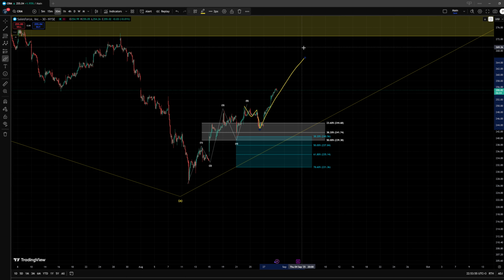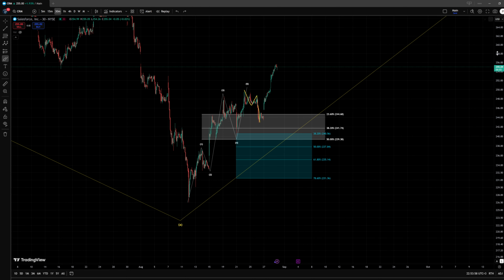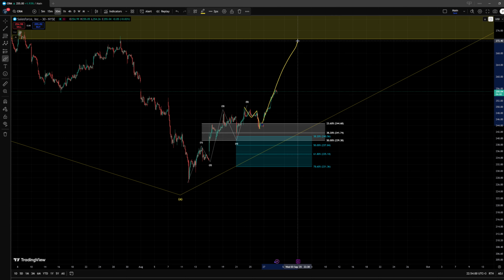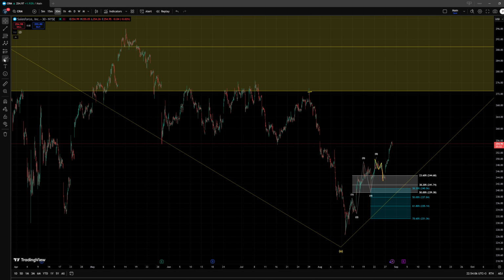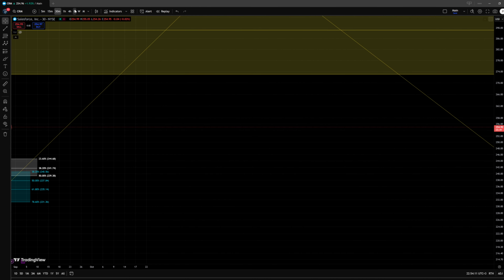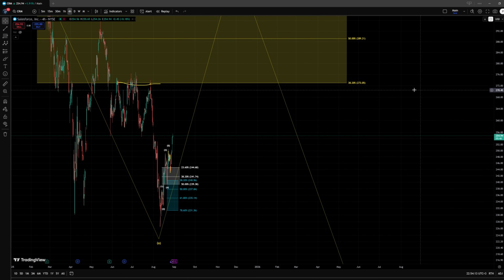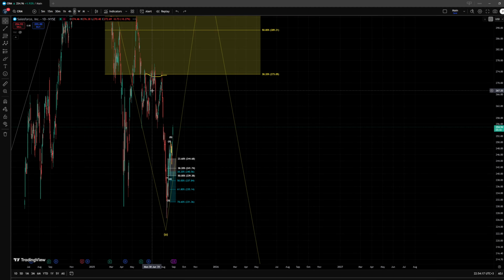Something like that could be a C wave, where we could very well even extend to the resistance zone. I would expect pretty strong resistance in this area at the first yellow level, at $273 at the 38.2% retracement level.